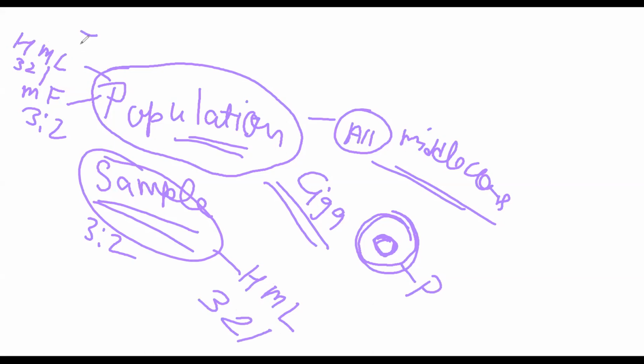Like income: if high income, middle income and low income have a ratio of 1:2:3, then you will withdraw the sample accordingly so that the ratio is 1:2:3.